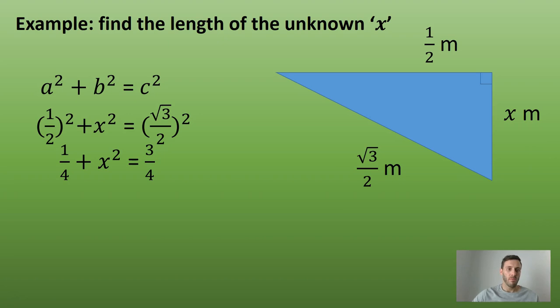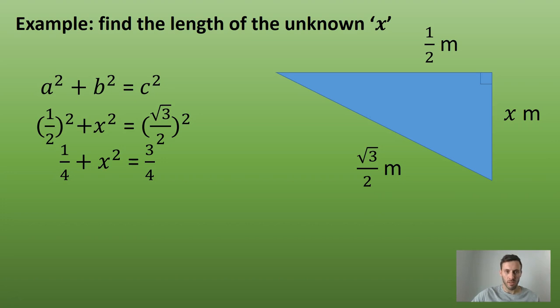And we square them. You might remember from your indices rules that we can square both the numbers in the fraction. So the first one becomes 1 squared is 1, 2 squared is 4. And then for root 3 on 2, we can square both numbers in the fraction. So we square root 3 and it cancels out to 3, and 2 squared becomes 4.